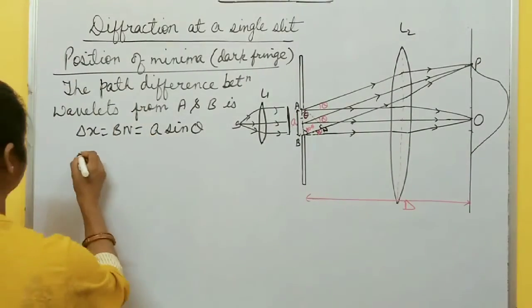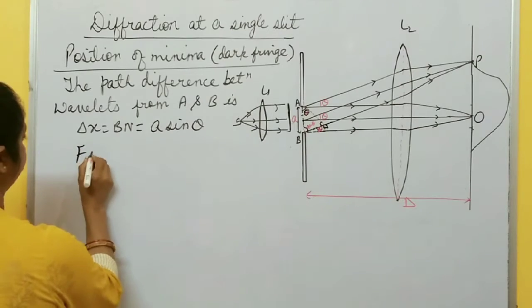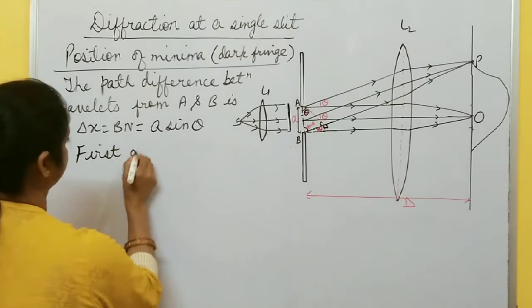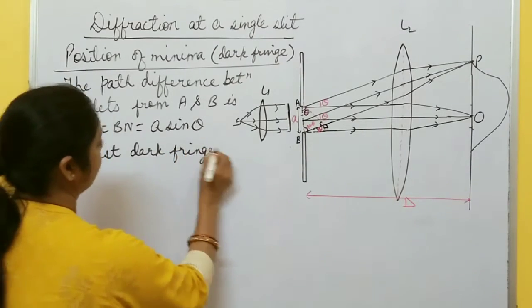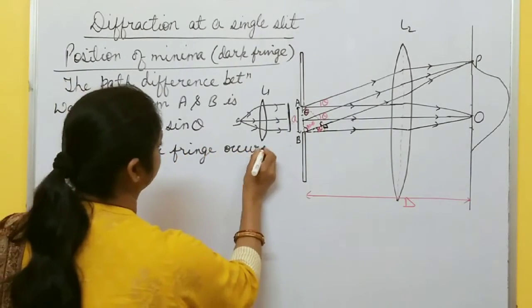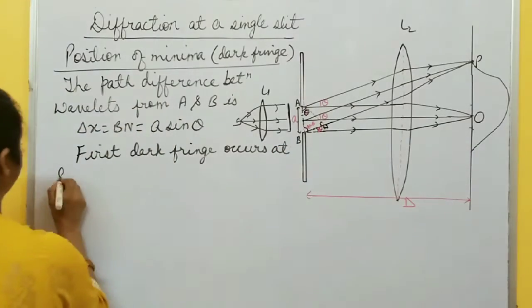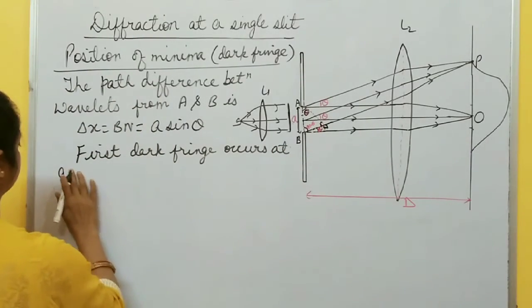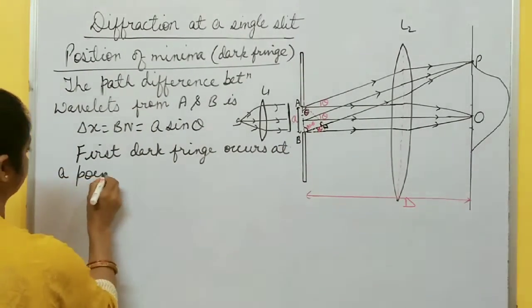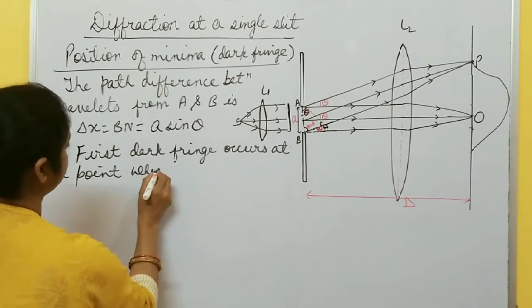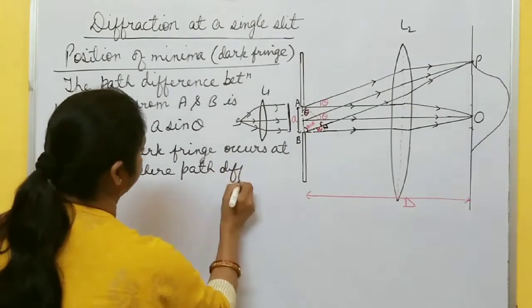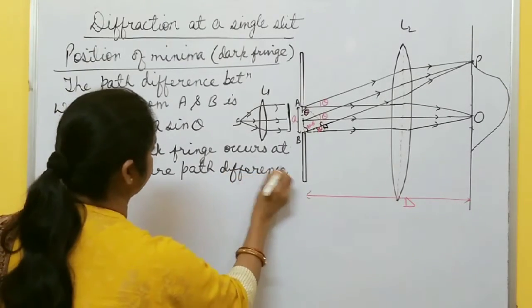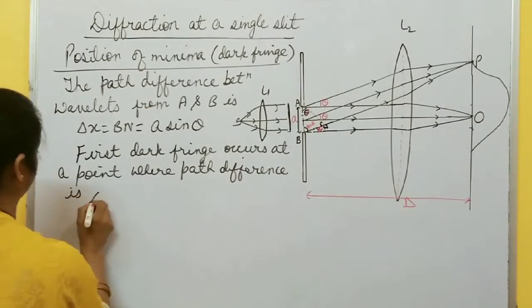So you write: first dark fringe occurs at a point where path difference is lambda. Just consider it.